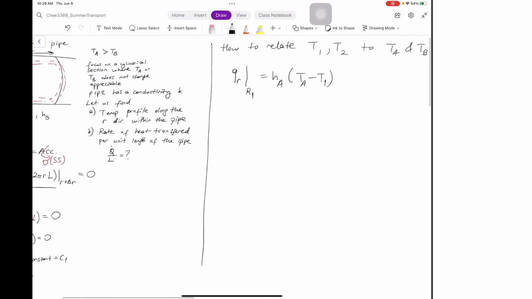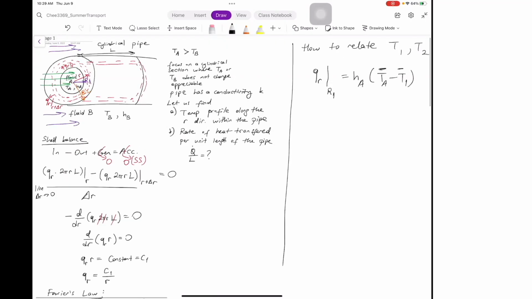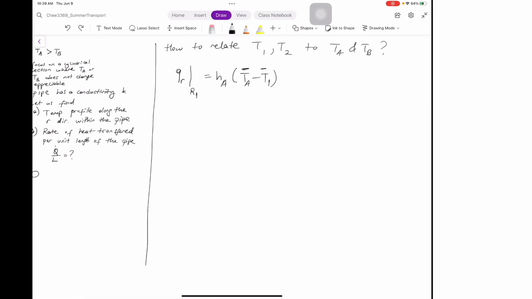Now, this is very important. It's not because TA is larger than T1. It's because I'm taking the QR direction towards outside of the pipe. That means I should pretend as if TA is larger than T1, and TA is not necessarily larger than T1.